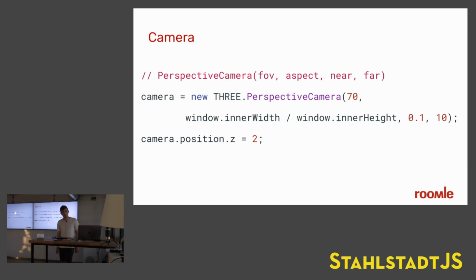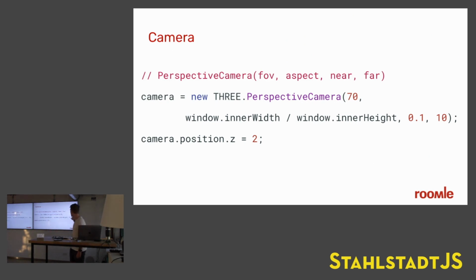You're just creating a camera, setting the field of view is the first parameter. Then you set the aspect ratio. For example, when you have the full window as your canvas, you would just use the window inner width divided by window inner height. And also in Three.js, every coordinate is 1 meter. So one value, one unit is 1 meter.